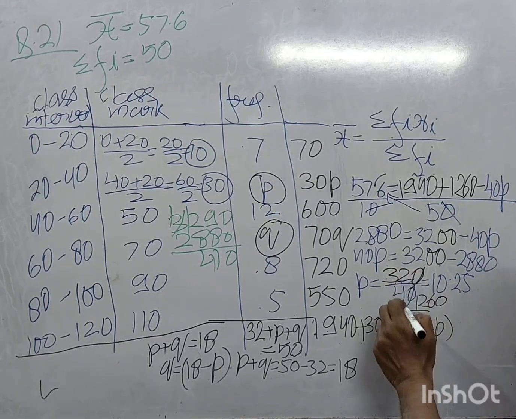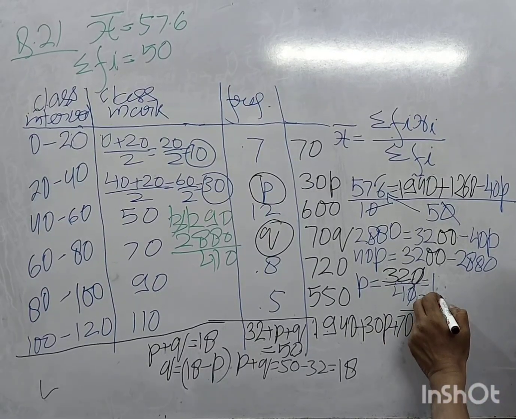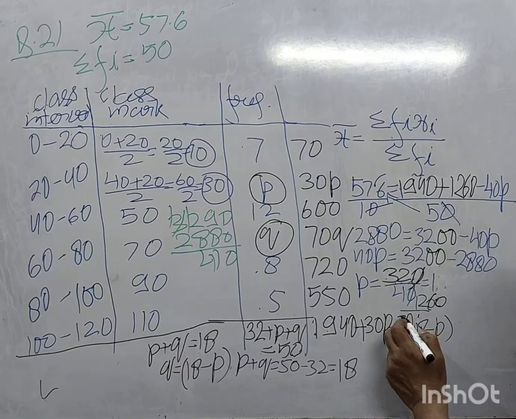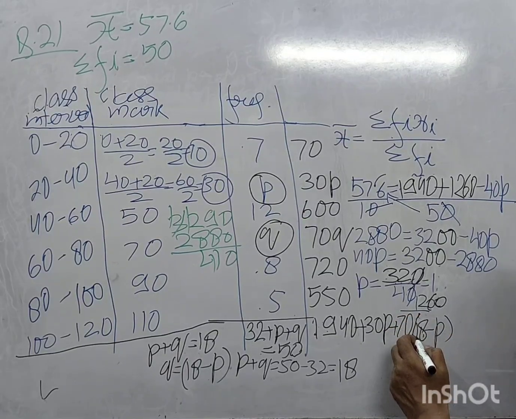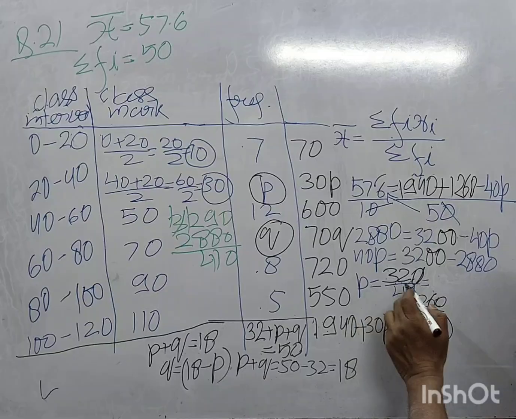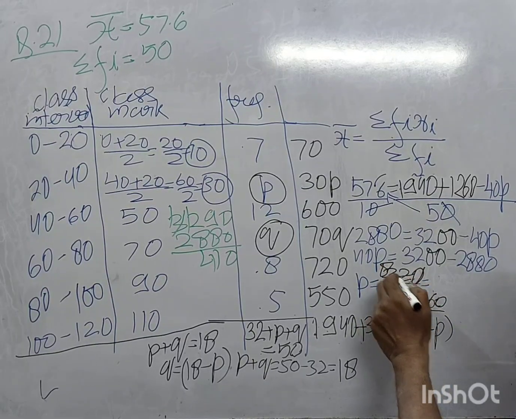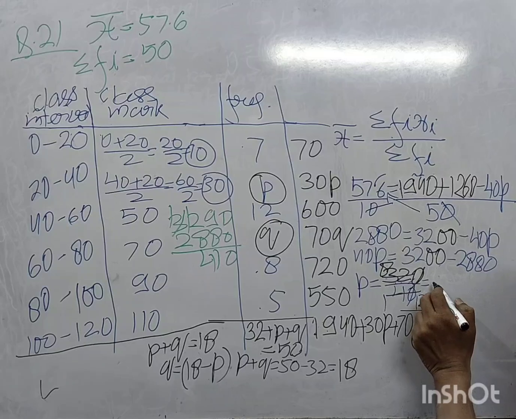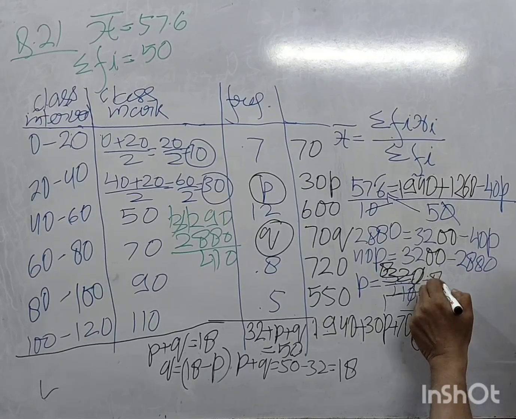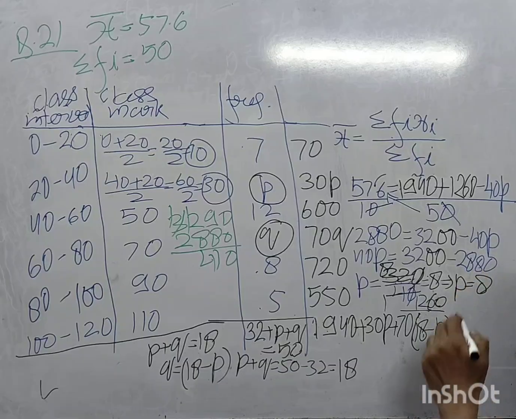Right, this zero cancels out. This is 1260 when we are multiplying this. That is P is equal to 8. Therefore, P is equal to 8.